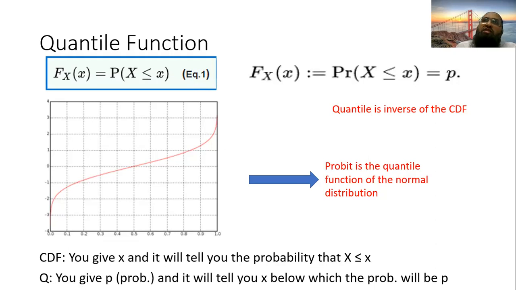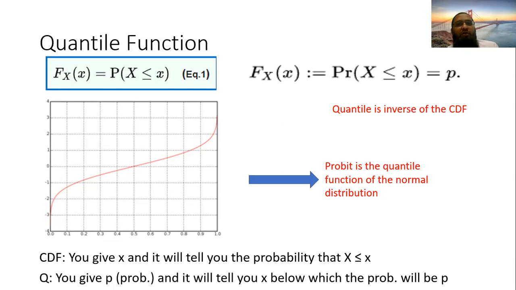The quantile function is the opposite of the cumulative density function. You give it the probability, and it is going to give you the value of x. Okay, so if you give it a probability 0.25, it is going to tell you the number x below which the probability is 0.25. Understand? They are just inverses of each other, that's it.